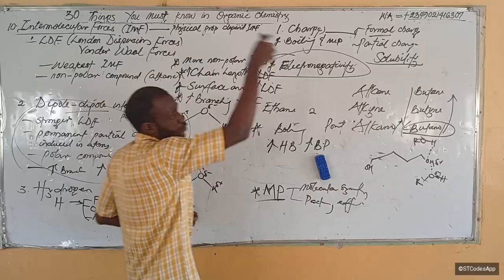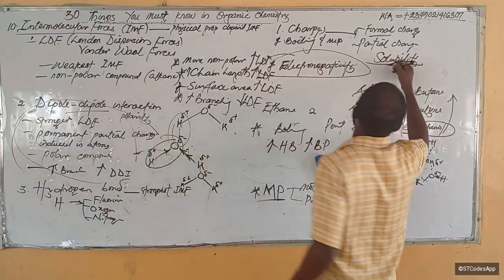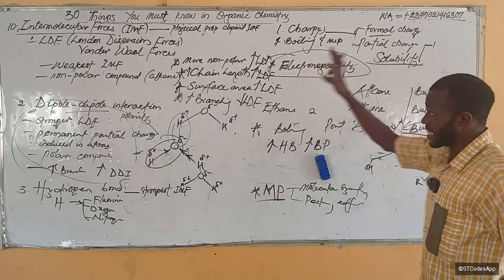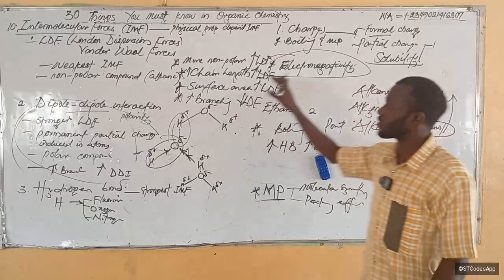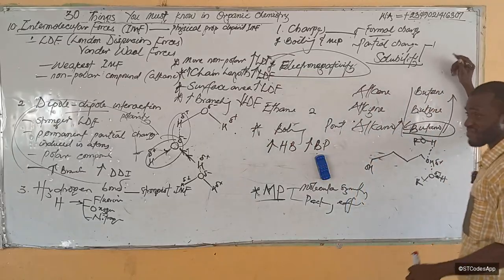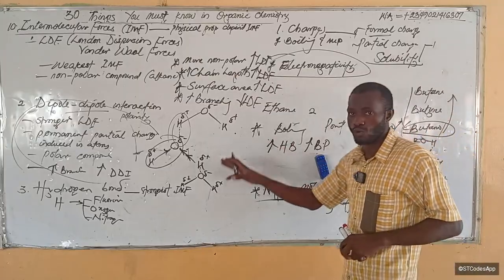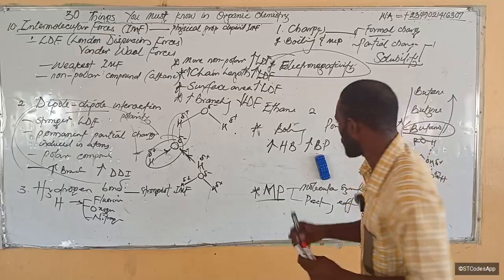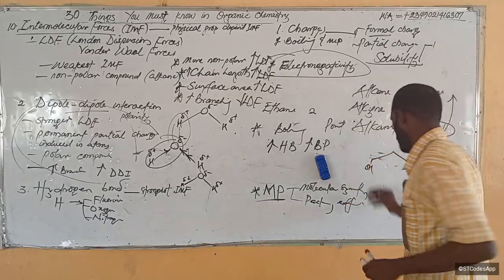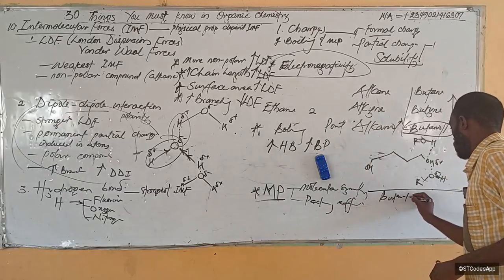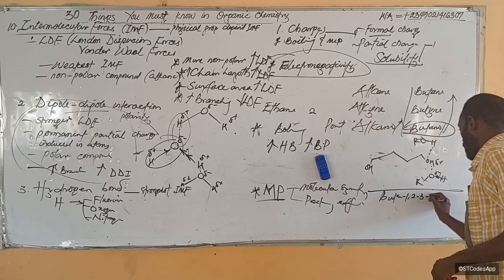So then for solubility as well. The higher the branching, the higher the solubility of any organic compound that I've been talking about. Okay, so a compound that has a very high boiling point, for example, butan-1,2,3-triol. For example, let's give an example of butan-1,2,3-triol.